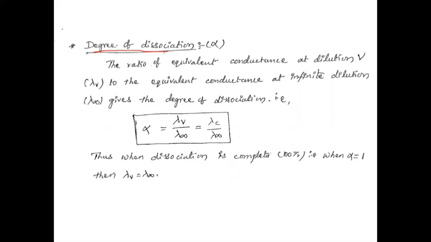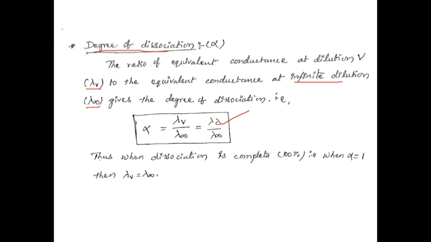It is the ratio of the equivalent conductance at dilution V, indicated with lambda V, to the equivalent conductance at infinite dilution, indicated with lambda infinity. It gives the degree of dissociation. So alpha is equal to lambda V by lambda infinity, or you can write it as lambda C by lambda infinity.